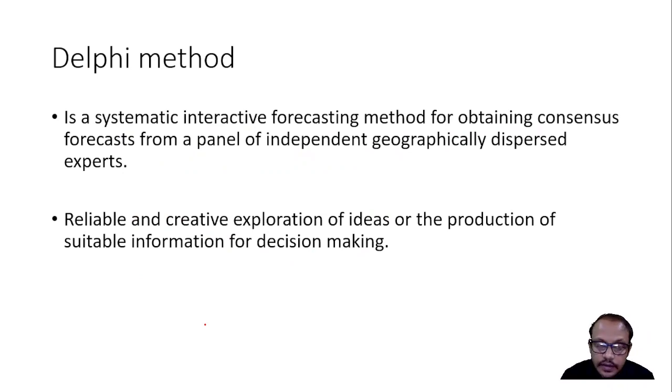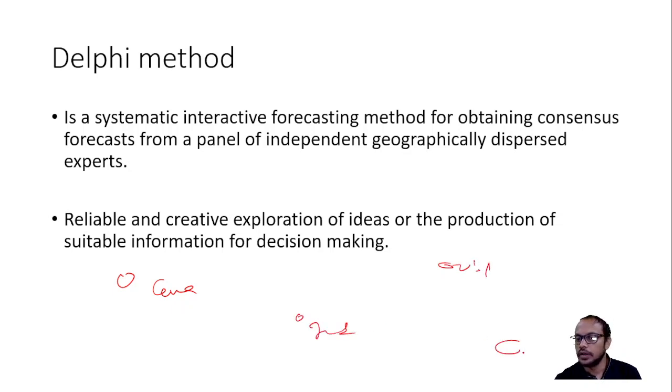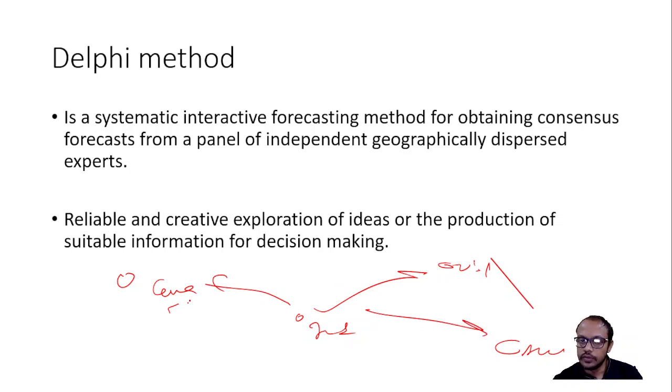Now there is the Delphi method. The Delphi method is a systematic interactive forecasting method. There are a few experts, one living in Canada, one in the US, one in India, one in Australia. We send a similar kind of problem to all these experts. They give the solution, they give expert advice.